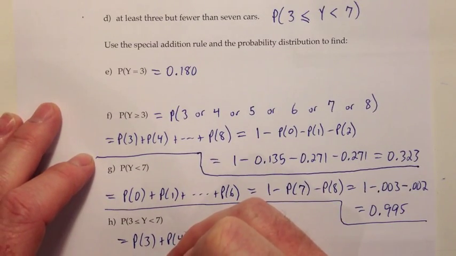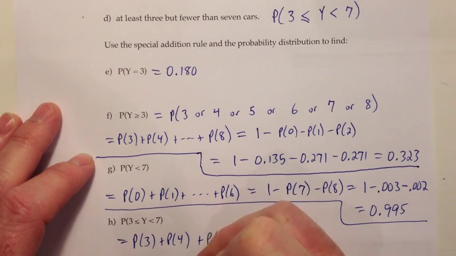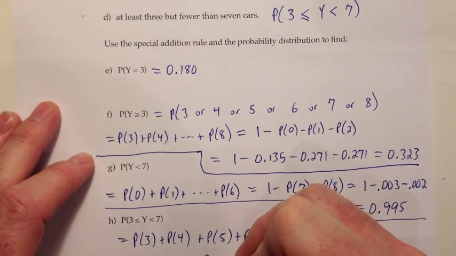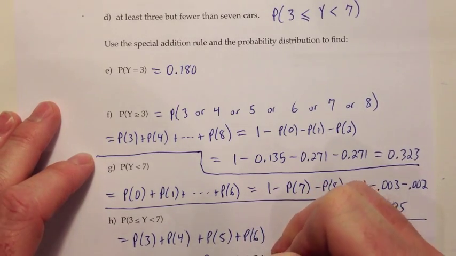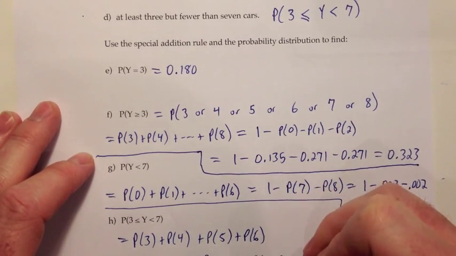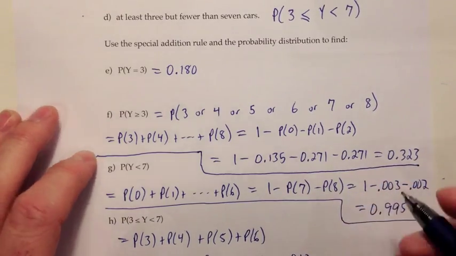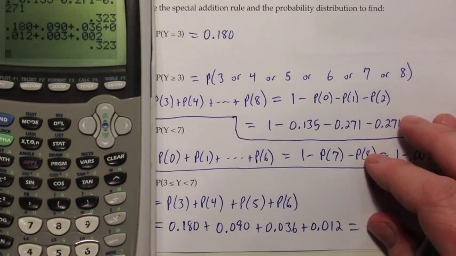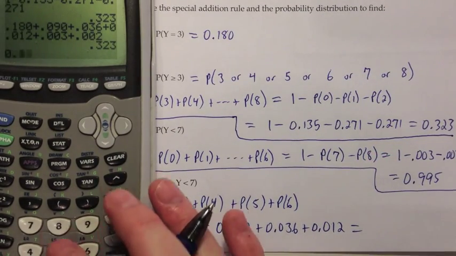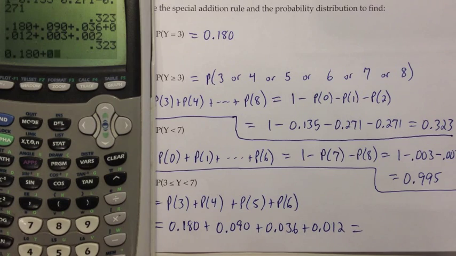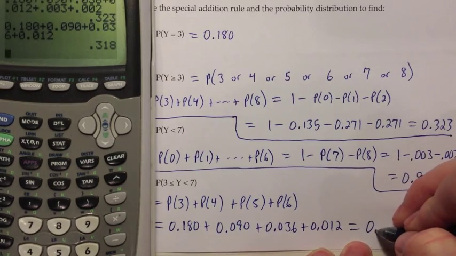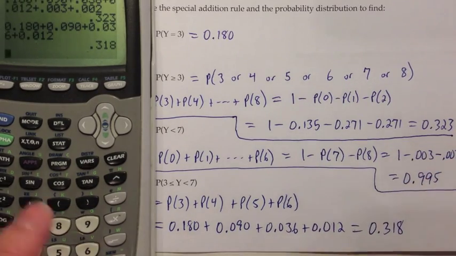So that's 0.180 plus 0.090, 0.036, and 0.012. Let me just go ahead and bring in the calculator. We'll add those up, and that will finish this off. So it looks like we get 0.318 for that answer.